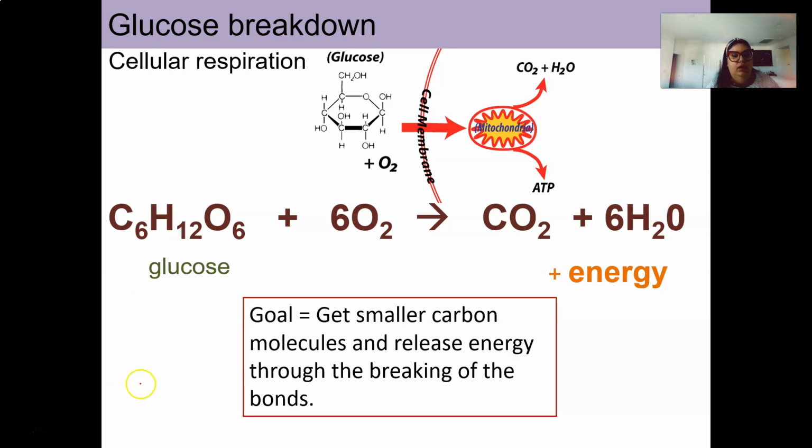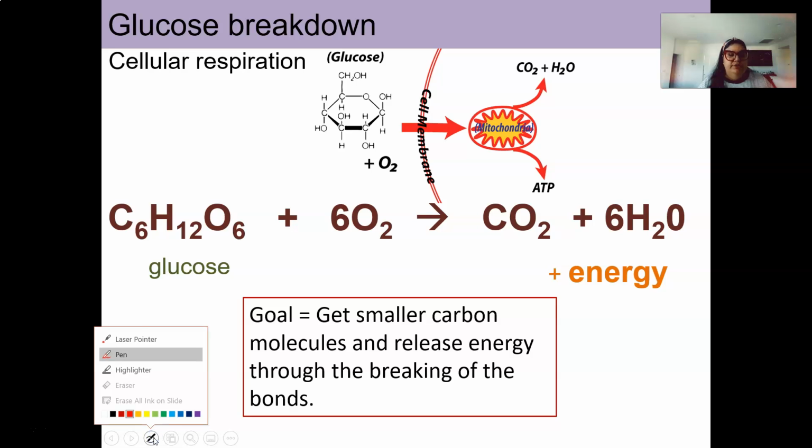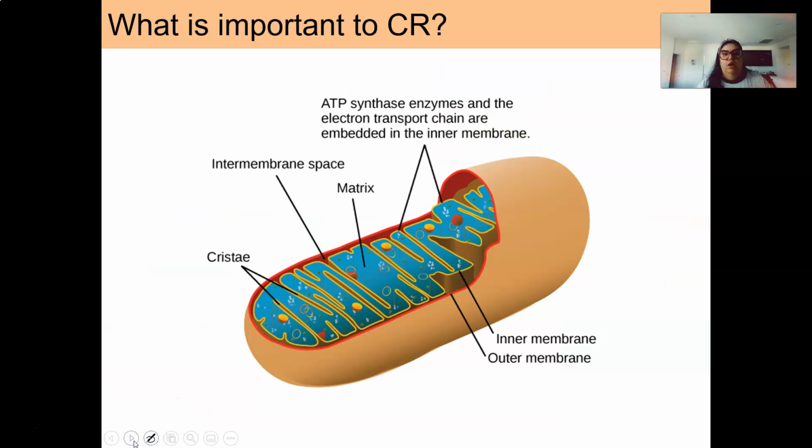Okay. So how do we do it? Well, we start with the mighty mitochondria. We need a powerhouse, right? I know all of you have heard it, right? The powerhouse of the cell. We need something to do it for us.